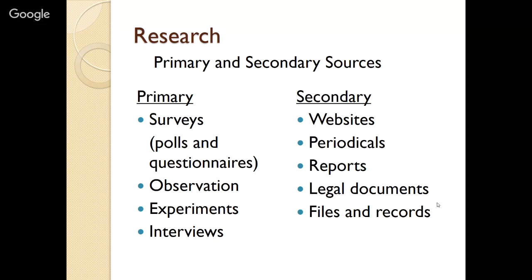So you have surveys, observation, and by observation I mean something that can be documented. If you talk about, well, one time this happened to me, that doesn't count as research or as a primary source. So when it comes to observation, again, that's something that has to be able to be documented.